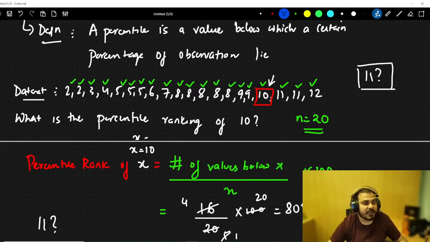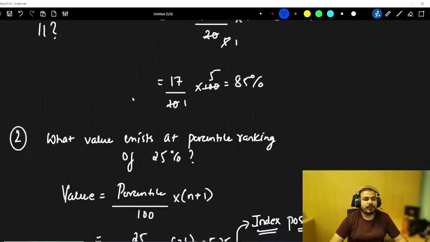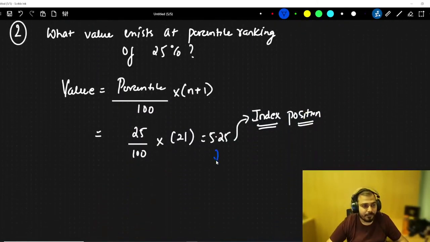This is my first index, second, third, fourth, fifth index, and 5.25 will be in between. But right now I don't see any element between this. So what we do is we take the fifth and sixth index, and then we take the average and calculate the value. In this particular case, my answer will be 5. So 5 is the value for the 25 percentile.